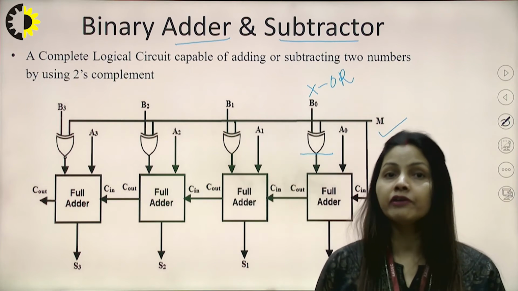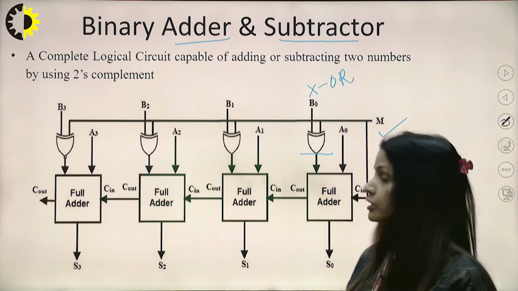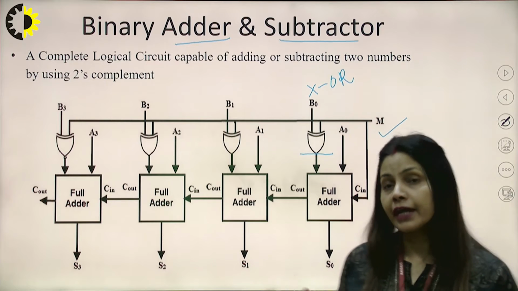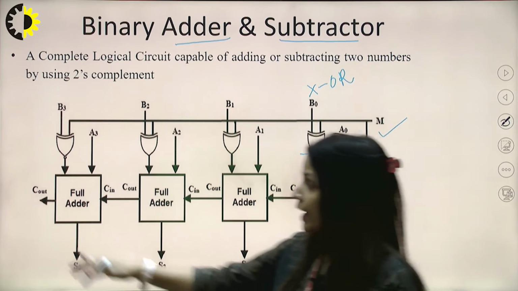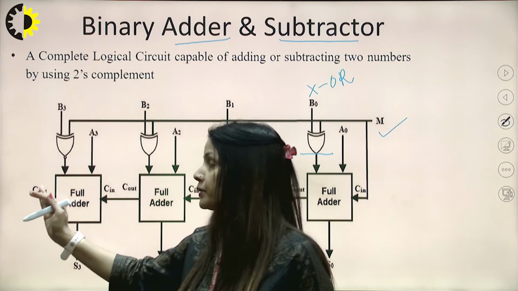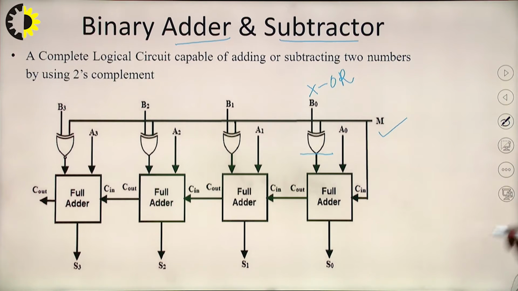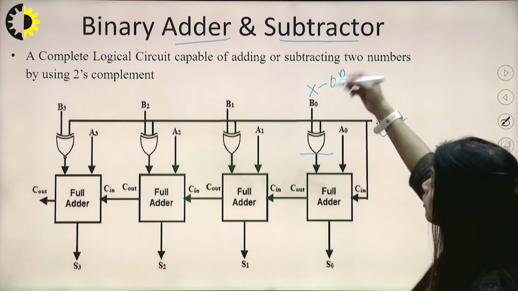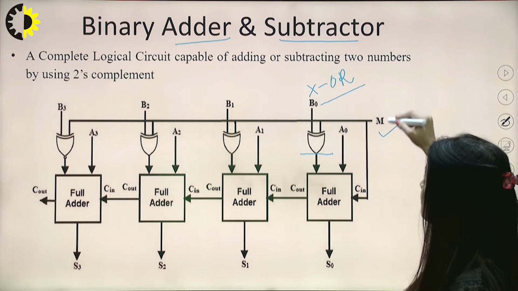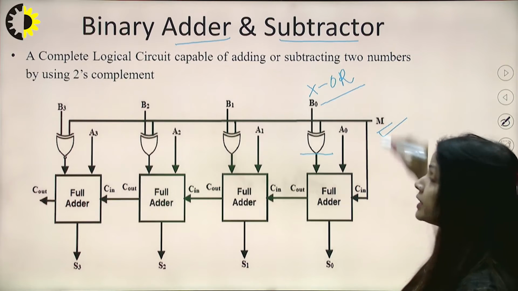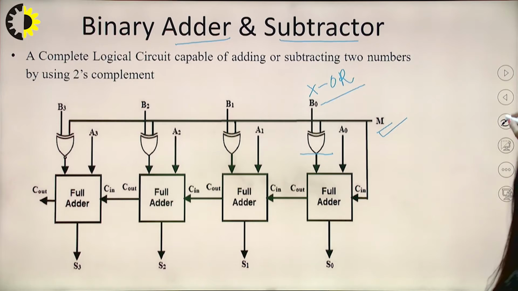When addition is performed, this will give the addition answer, and when subtraction is performed, we will get the difference bits from the output, and the final carry or borrow output will be obtained from this point, right? Now coming to the two main components of this adder and subtractor circuit, that is XOR plus the M bit. So when this M is 0, let us see what happens.